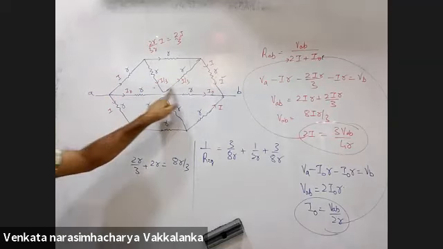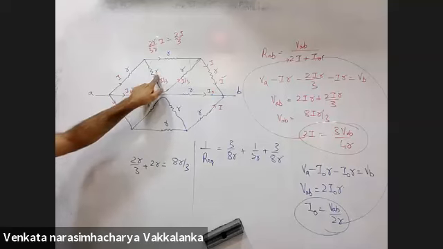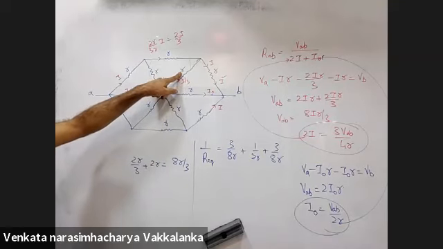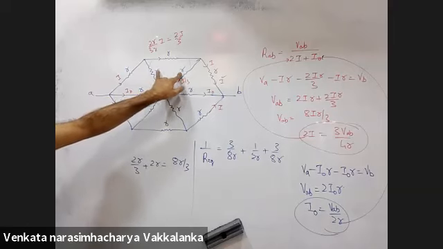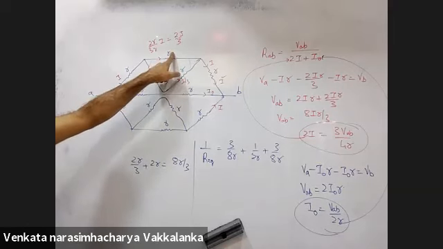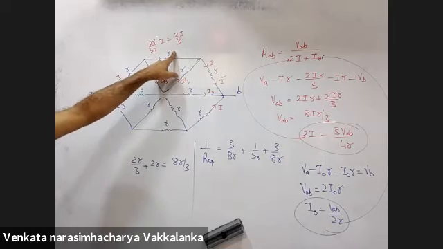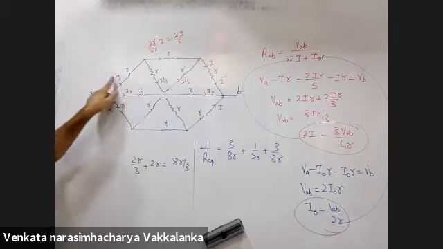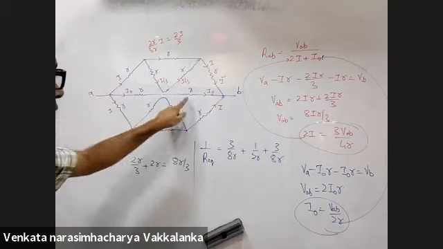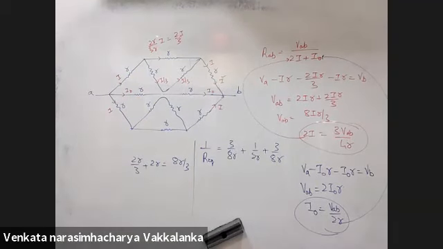So what is this equivalent? R by 2 and R are in? Series. R by 2 and R by 2 are in series. This will be R. R and R are in? Parallel. R and R by 2 are in parallel. So how much are you getting this branch? You tell me. That is in parallel to 2R. Okay, sir.